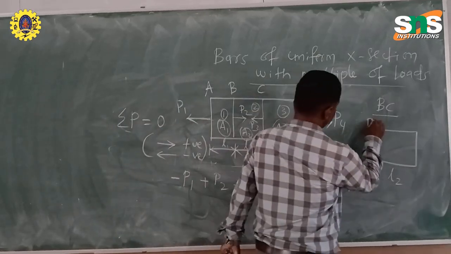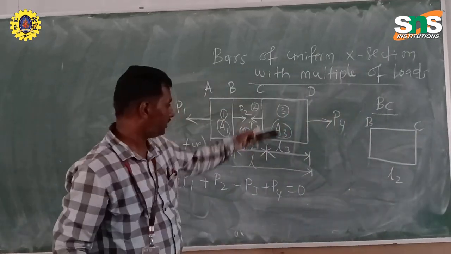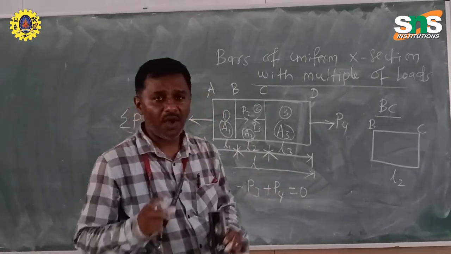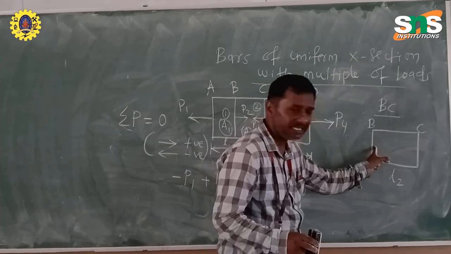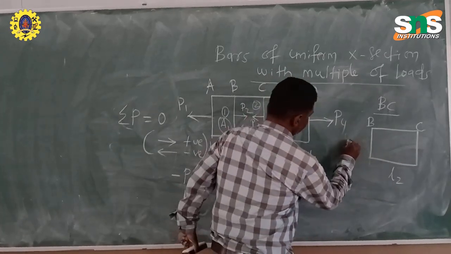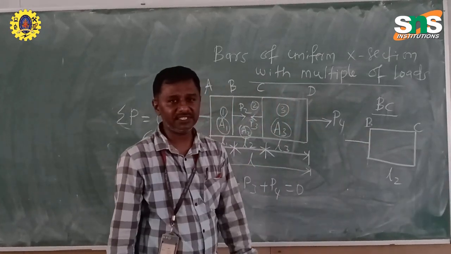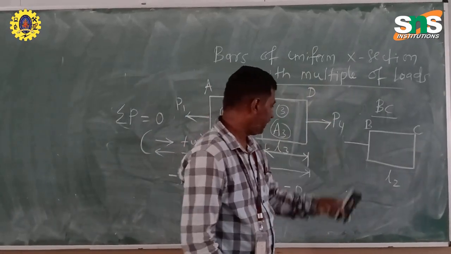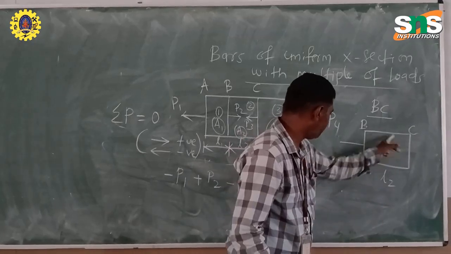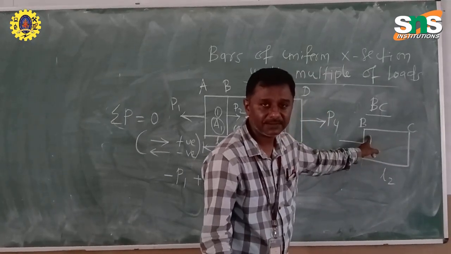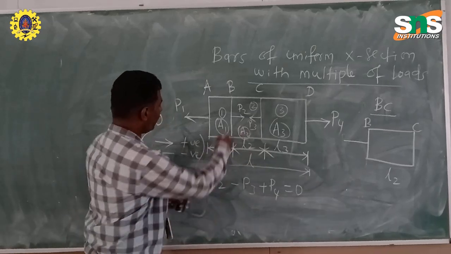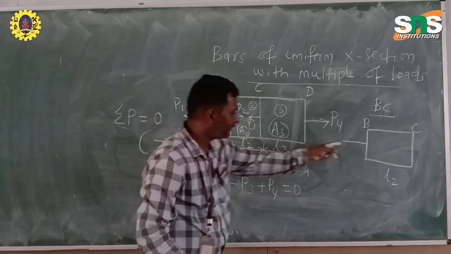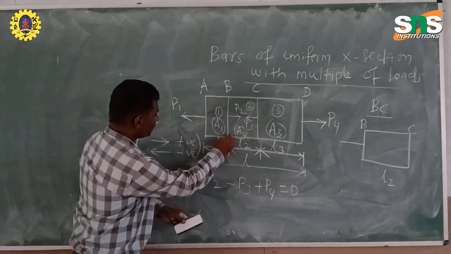This point is B, this point is C. Now I am going to find the load at B. At B, what is the load acting, and the same load acts at C in the opposite direction. Since it is BC, B is on the left side. So just go to point B, and we consider from the cut line, the left side.